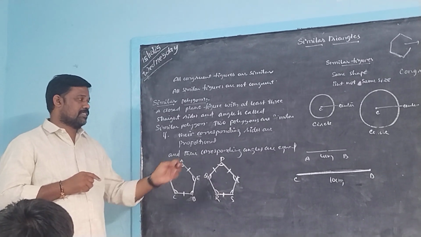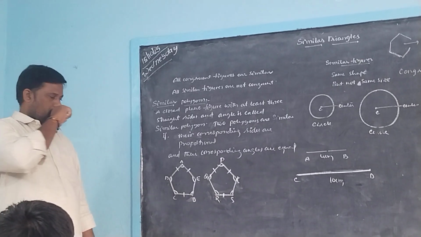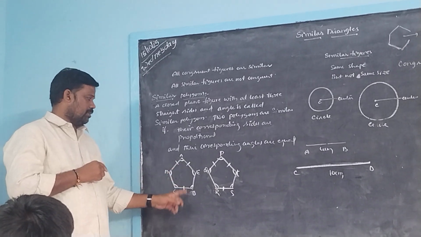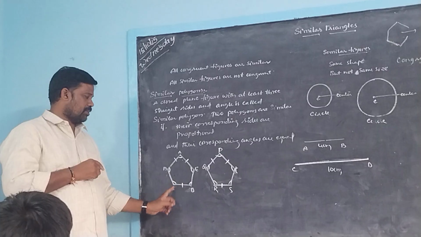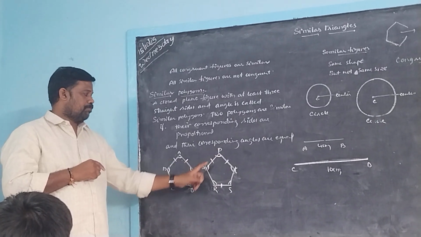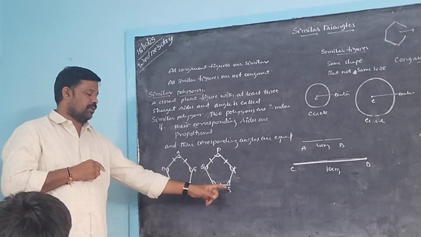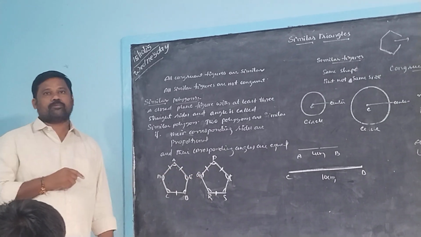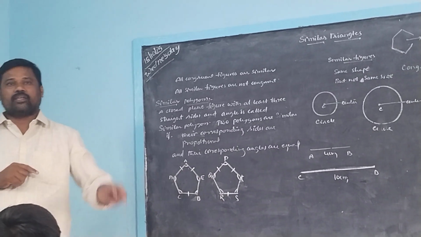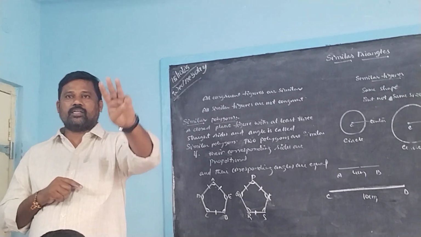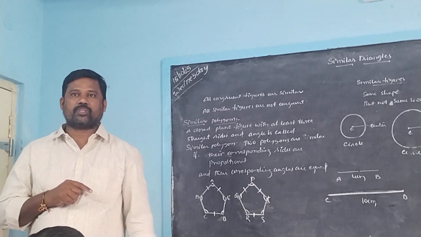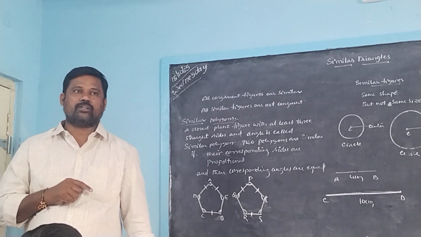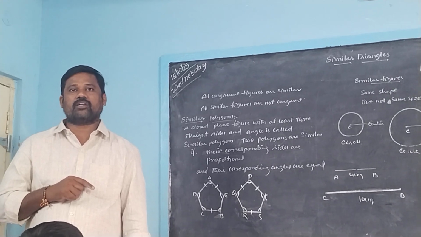Here at least three straight sides, that means AB, AC and CD, PQ, PT and RS. And angle A equal to angle P. Here at least three straight sides and one angle. That is called similar polygons.